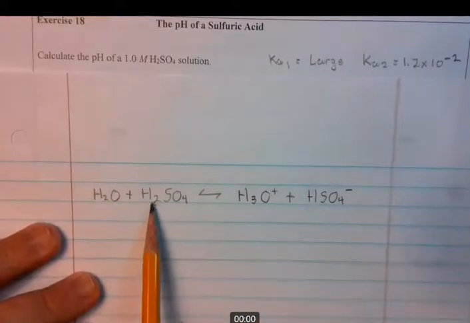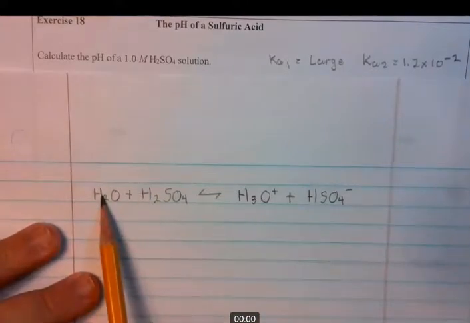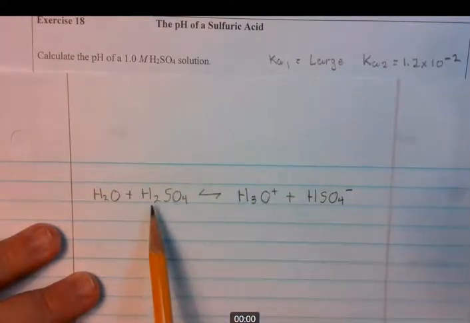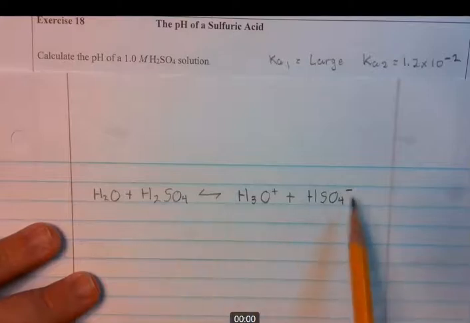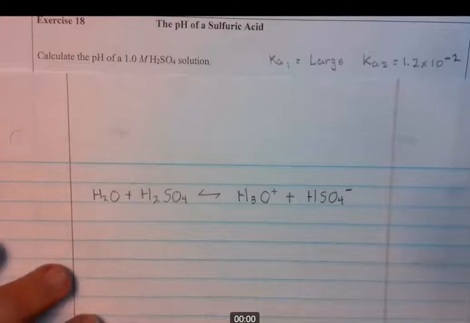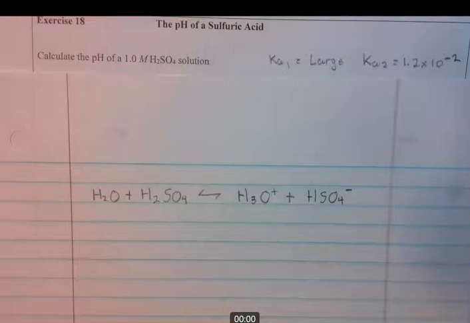Okay, so one of these 2 protons jumped over to the water molecule to turn it into a hydronium, positively charged, and the sulfuric acid, which was electrically neutral, now has a negative charge. It's now a negative ion, and that's HSO4 minus right now. Okay, so this completely dissociates.